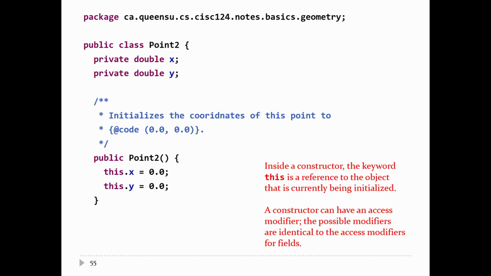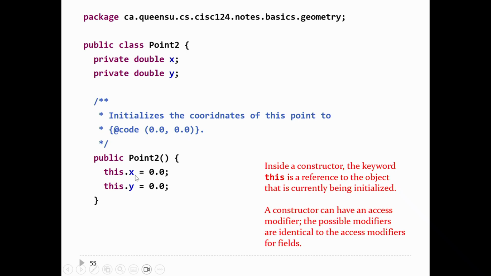It gives that object a name. It calls it this. So when you see the word this inside of a method or constructor, it means the object that is currently being initialized. It's a reference or a name for the object that's currently being initialized.